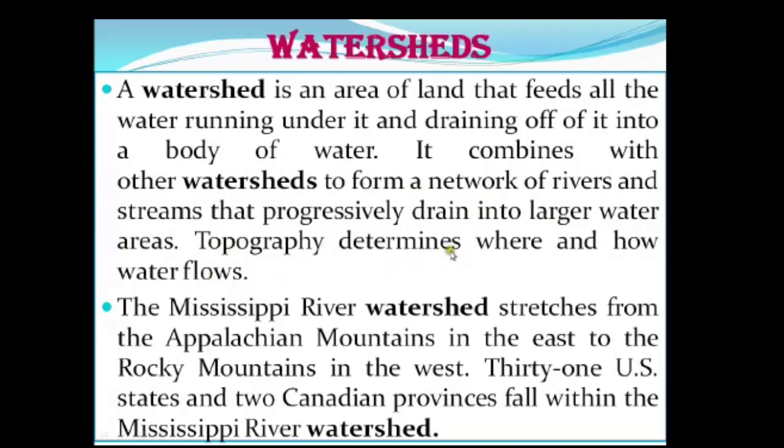Topography determines where and how water flows. The Mississippi River watershed stretches from the Appalachian Mountains in the east to the Rocky Mountains in the west, and 31 US states and 2 Canadian provinces fall within this watershed.